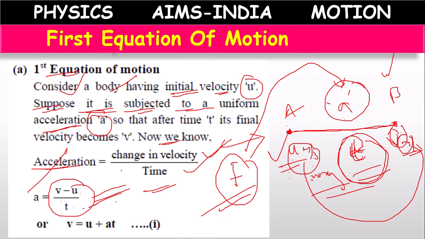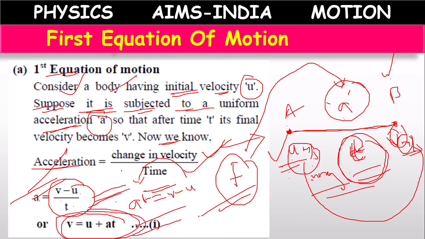This formula we can write by the definition of acceleration. Now if t goes towards the LHS, it will multiply, at equals v minus u. Or if minus u goes towards the LHS, u plus at, we can write it as v equals u plus at, and this is known as the first equation of motion.